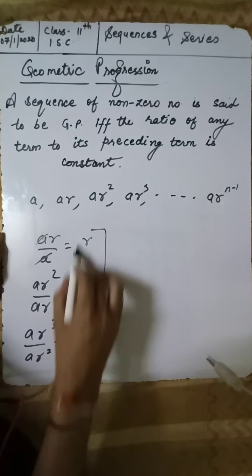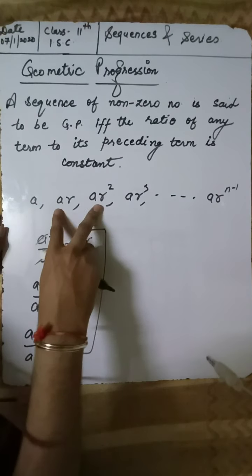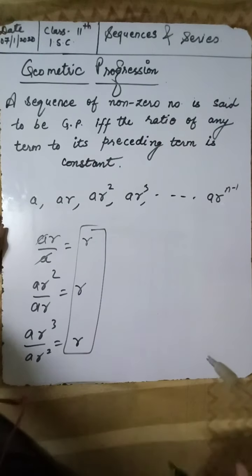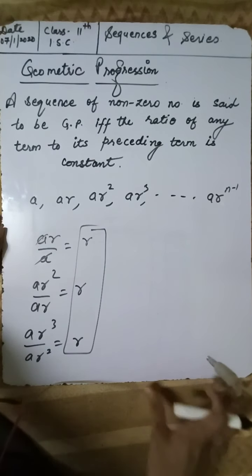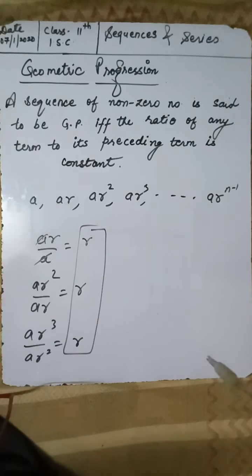So the common ratio, second term upon first term, third term upon second term, fourth term upon third term, is constant. Hence such a series is said to be in geometric progression.